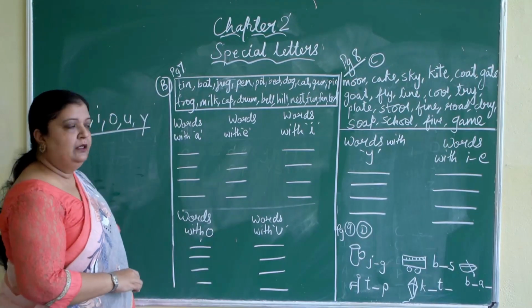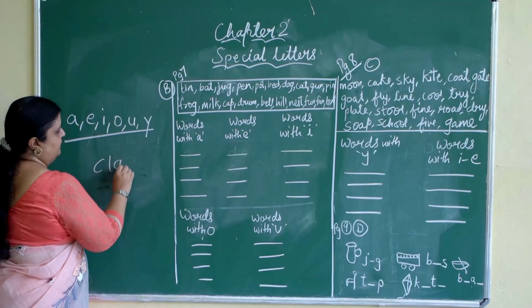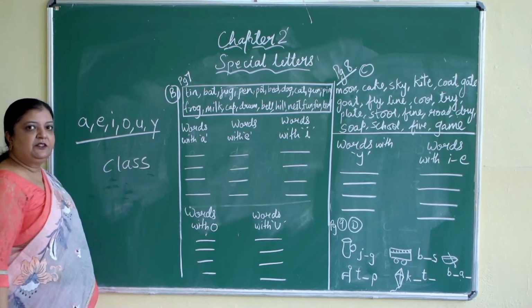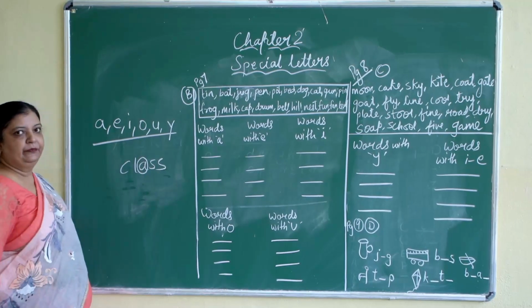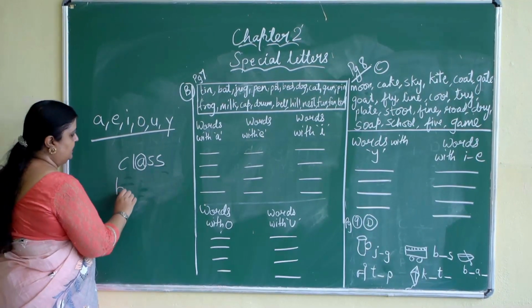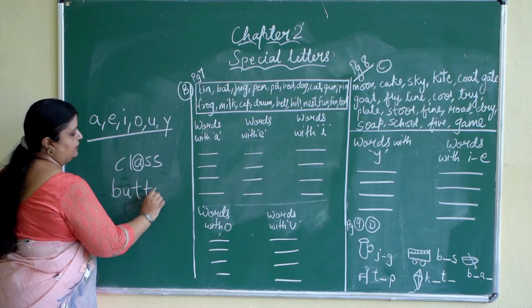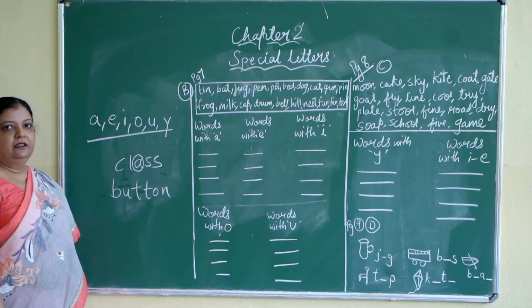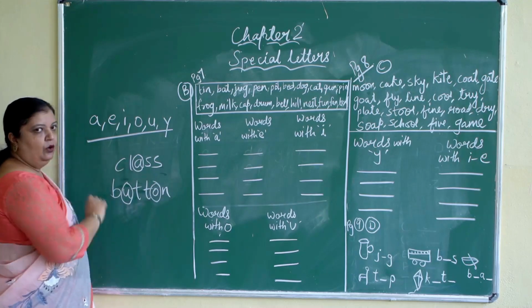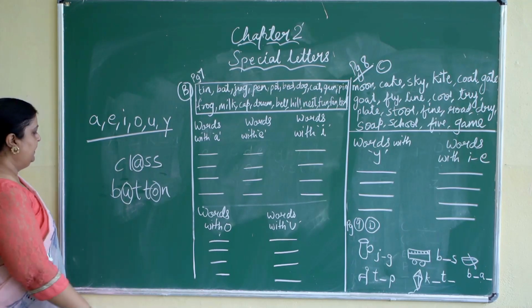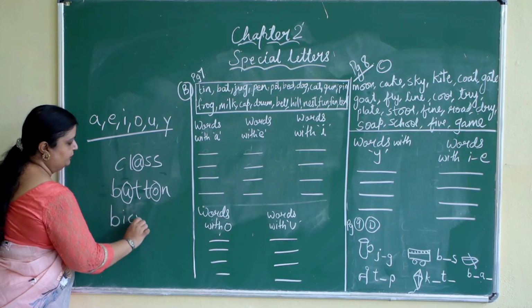Okay. For example, class. Which is the special letter in this word? A. Then comes another example, button. Special letters U and O. Then bicycle.